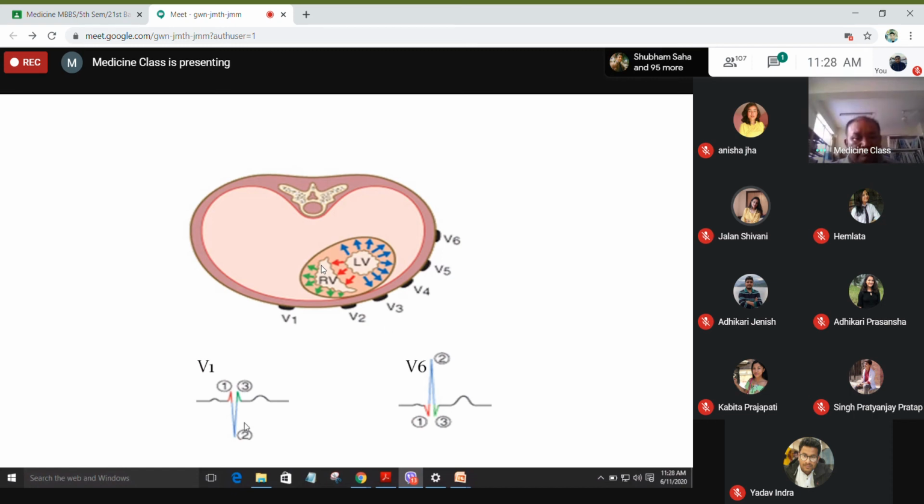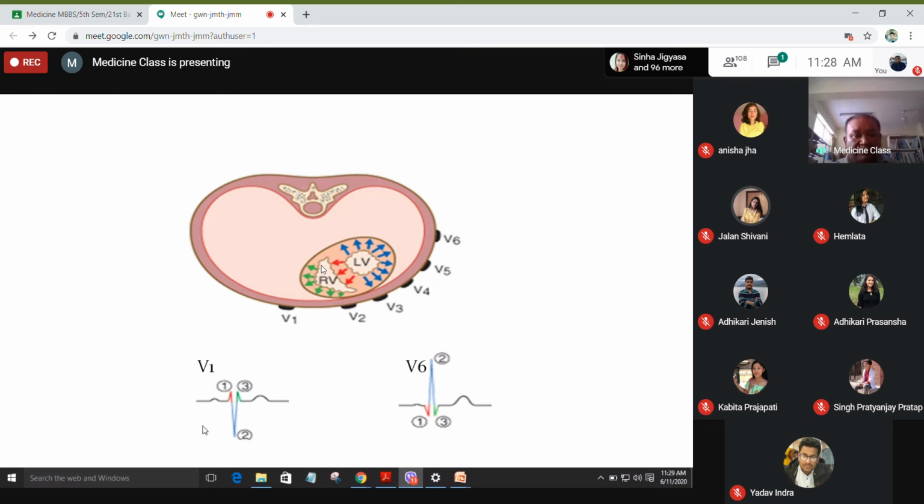The blue one here is the R wave in V6, and the S wave in V1 is blue. These are indicating the electrical activity of the left ventricle. And the chest lead goes from V1 to V6.